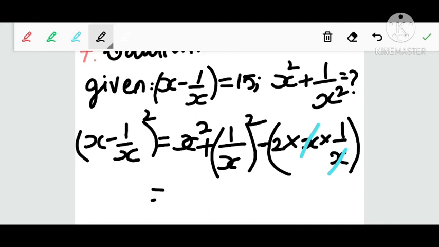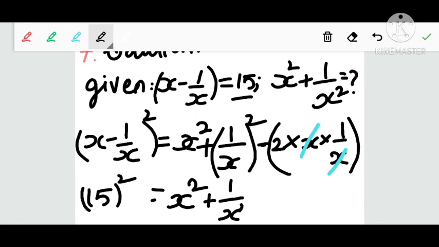So x minus 1 by x is nothing but 15. I give the value 15 whole square. So x square is x square only. Just recall exponents and powers: a by b the whole power m is a power m divided by b power m. 1 square gives the same 1, x square gives x square, x is cancelled, and 2 ones are 2. So this is the final value. What are we supposed to find? x square plus 1 by x square.